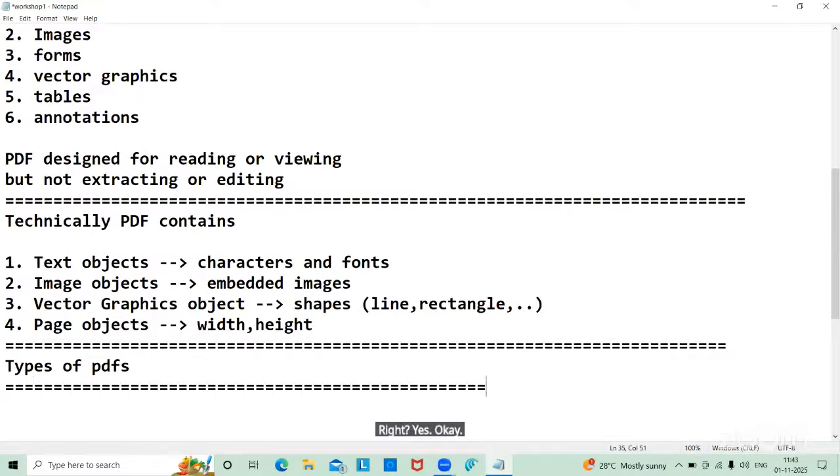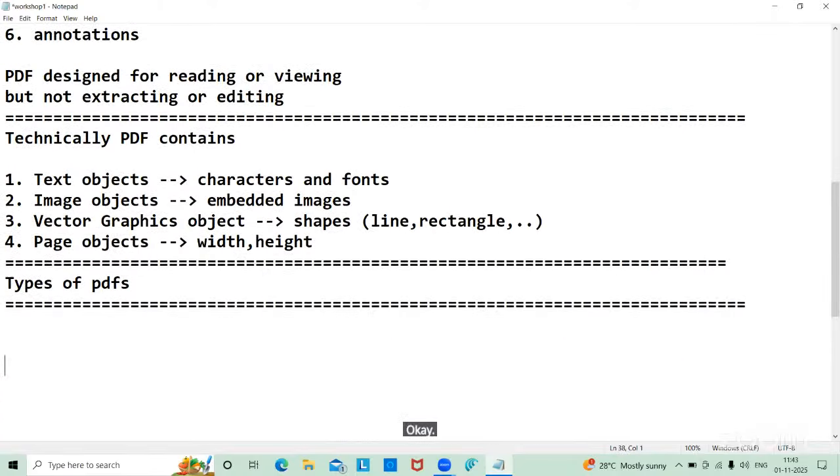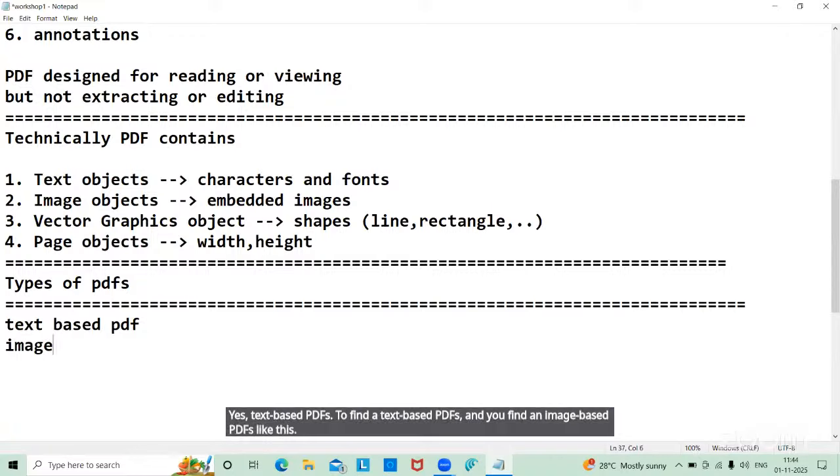Okay. Types of PDFs you find. There are different types of PDFs. When you see the types of PDFs, you find text-based PDFs, and you find image-based PDFs like this.